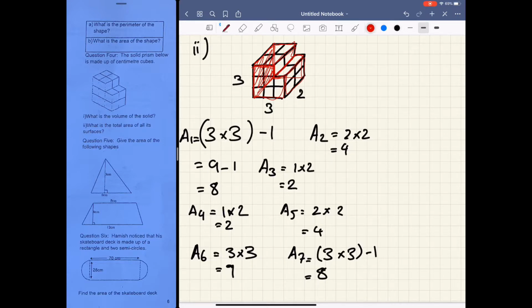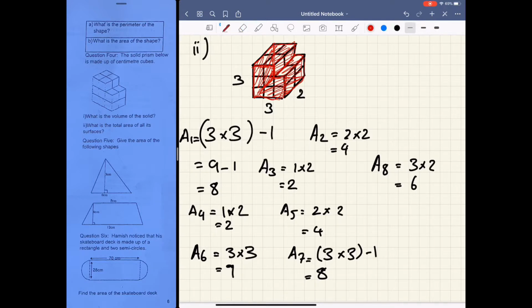Okay, so we've done this area here, and we've got to do the bottom now. This bottom face that we can't see is 3 by 2. So area 8 equals 3 times 2, which equals 6. And I think that's all the areas covered.